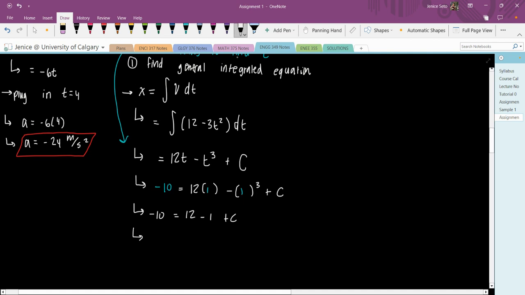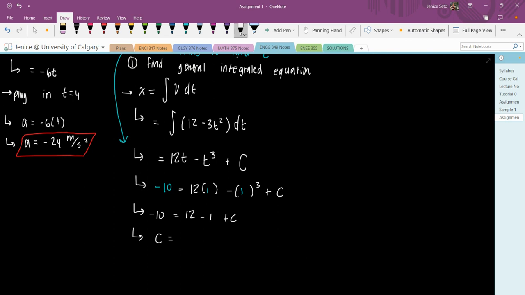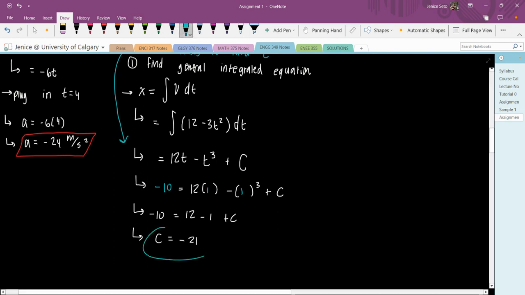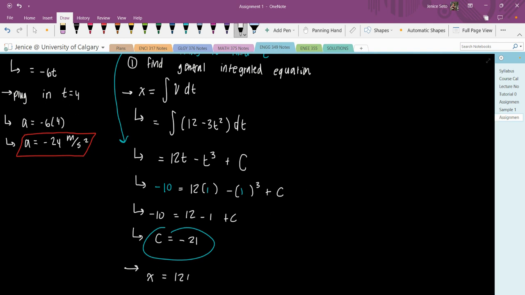This is going to give us c is equal to negative 21. And I'm just going to circle that for now so we don't forget it. So now we have our general solution: x is equal to 12t minus t cubed minus 21, where 21 is our c.